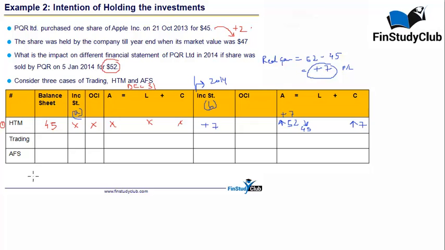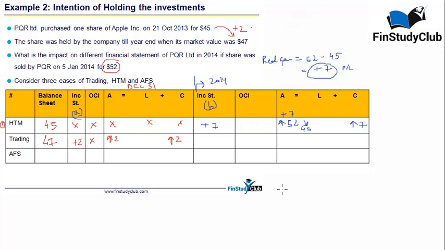Let's talk about the second, trading security. Very interesting. The valuation will be done at mark to market, recognizing an unrealized gain of 2, which will be taken to P&L, the income statement, without touching the OCI.